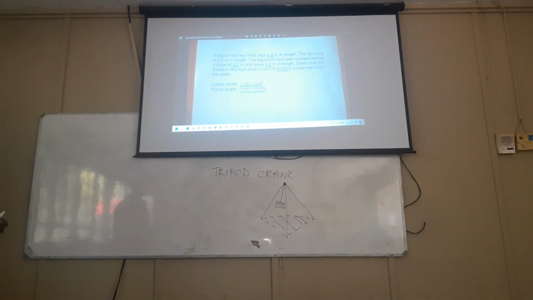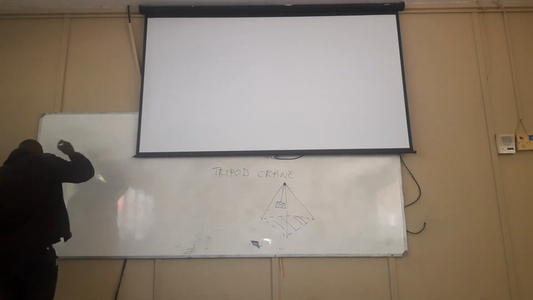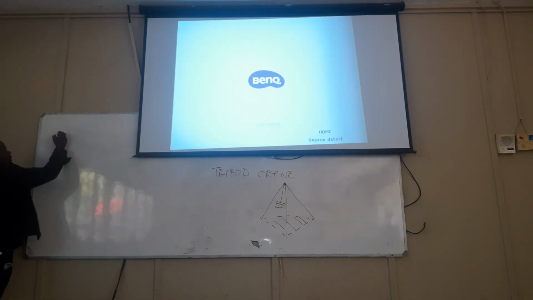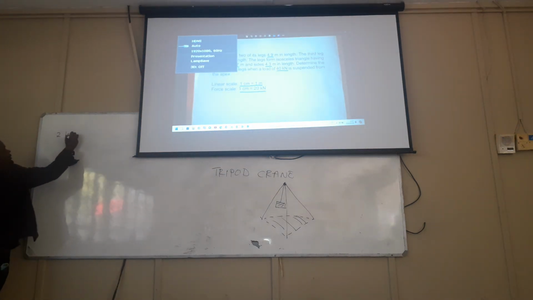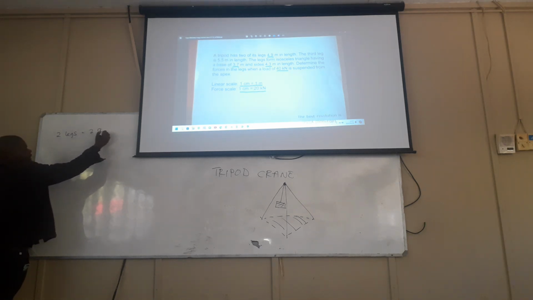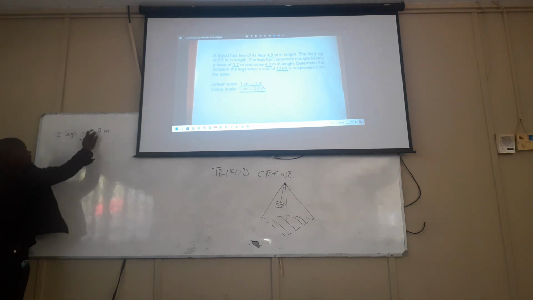It says, a tripod has two of its legs measuring 4.9. Sorry for that. Two legs, 4.9.